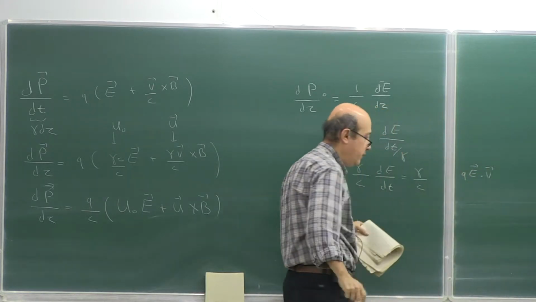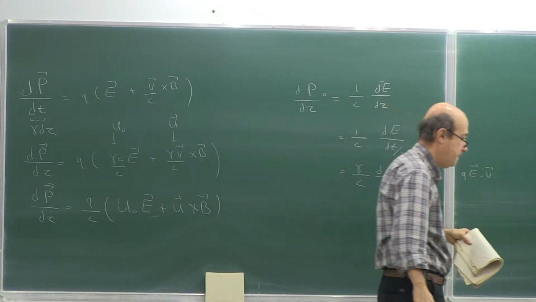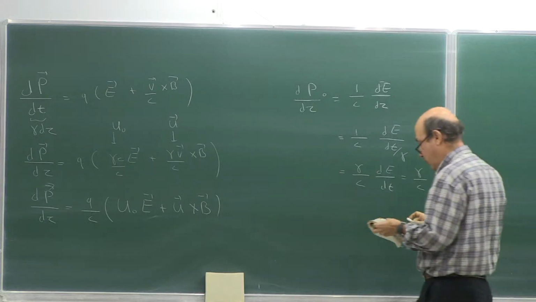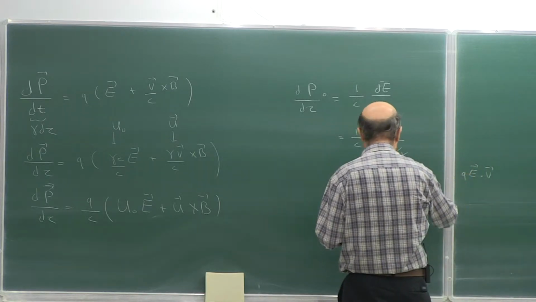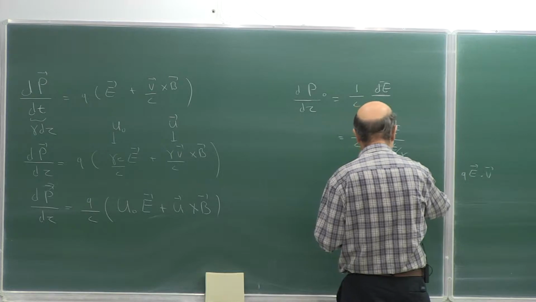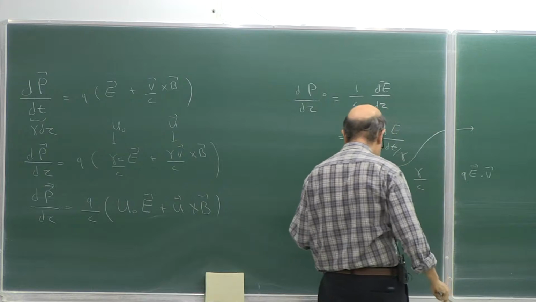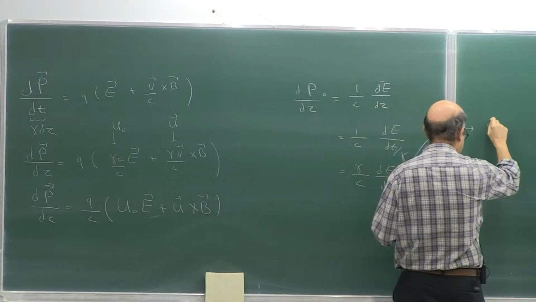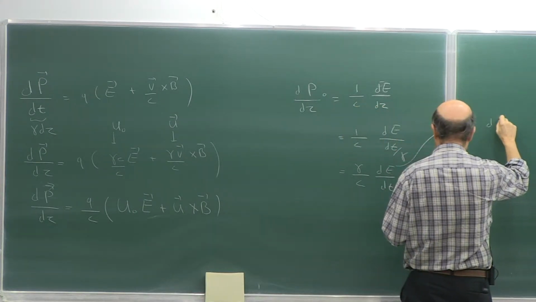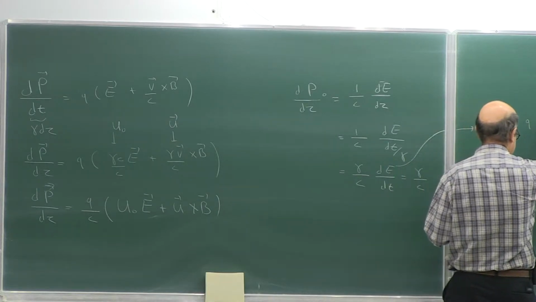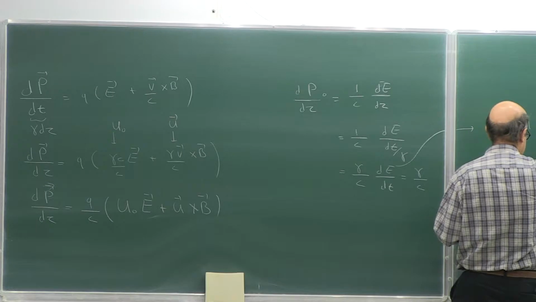QE is the force, dot v, so that is the power. Here E is the electric field, or you can write this in the following form: dE is nothing but Q E dot dx.